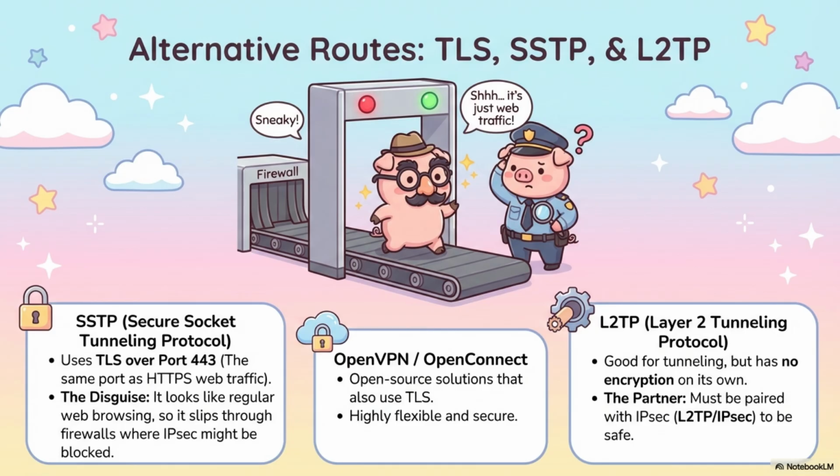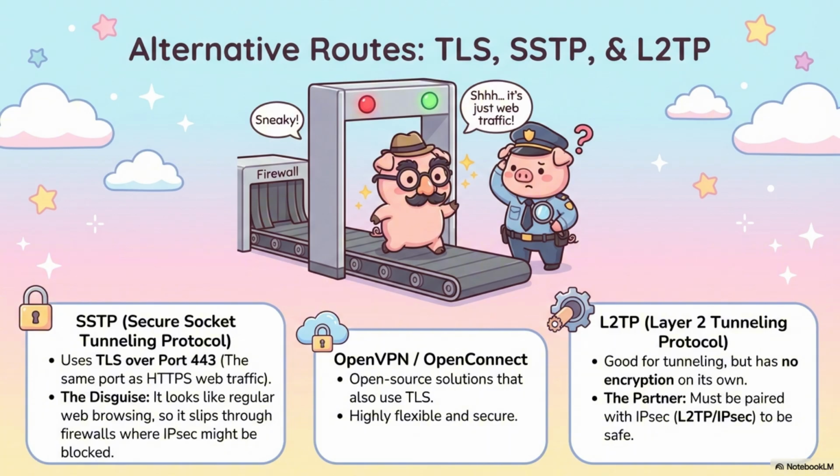Some VPNs use transport layer security instead of IPsec. Secure Socket Tunneling Protocol, or SSTP, uses TLS over port 443, allowing VPN traffic to traverse firewalls and network address translation devices more easily. This makes it useful when IPsec is blocked or impractical.